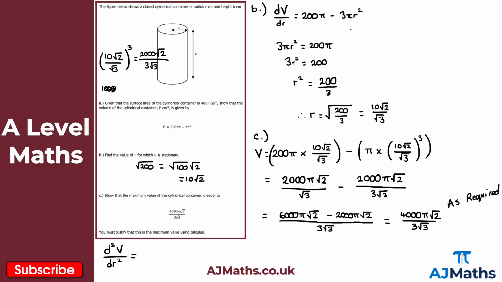So if I differentiate that here with respect to r, I'm going to get minus 6 pi r there. Now, the value of r here is 10 root 2 over root 3, so that's positive. So when I times minus 6 pi by a positive number, that will be negative, because minus 6 pi is clearly negative, and something times a positive, it doesn't matter what that positive is, will still be negative.